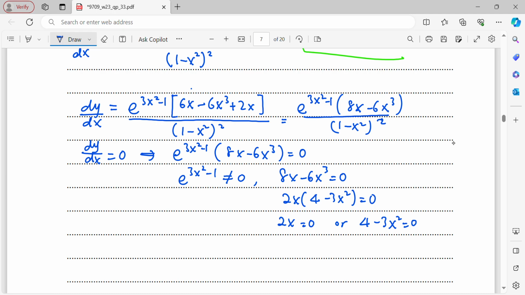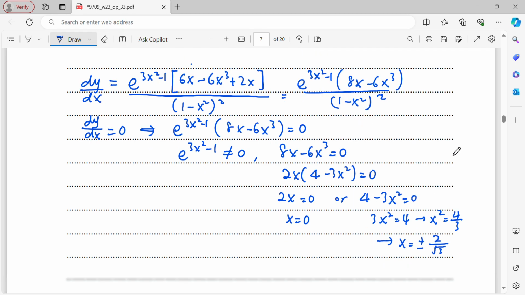So for the first one, when 2x equals 0 means x equals 0, then the other one, 4 minus 3x squared equals 0 means that 3x squared equals 4. Therefore, your x squared equals 4 over 3. Then I will get my x as plus minus square root, or I would say 2 over square root 3.